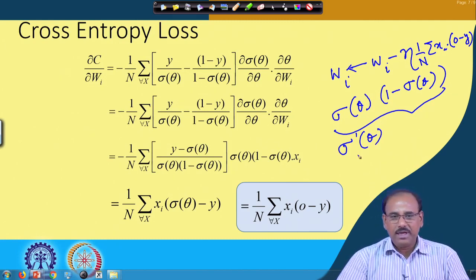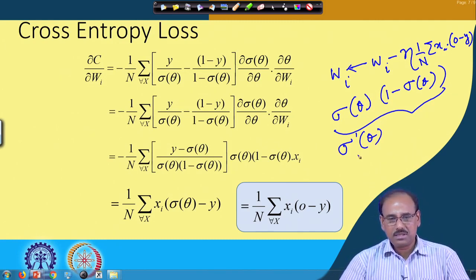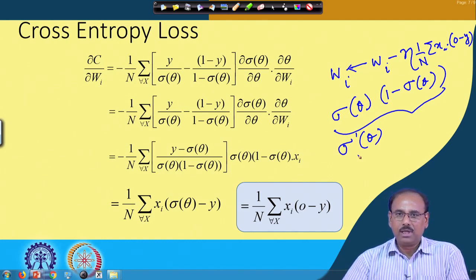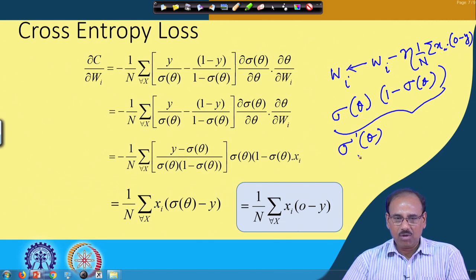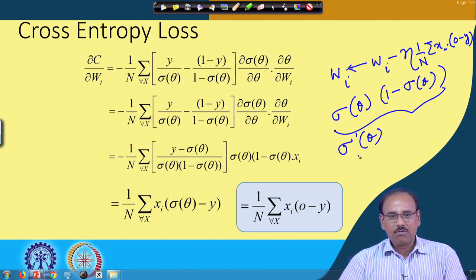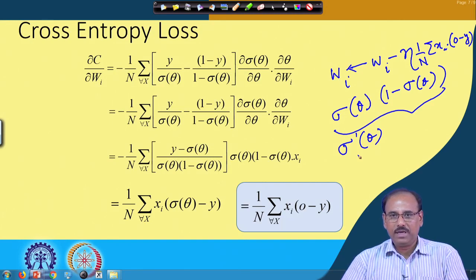And this sigma theta into 1 minus sigma theta term is responsible for slow learning, because if sigma theta is very high, that means it is very near to 1, 1 minus sigma theta almost vanishes. On the other hand, if sigma theta is almost equal to 0, then also the derivative term almost vanishes. And because of the vanishing of the derivative, the learning becomes very, very slow.